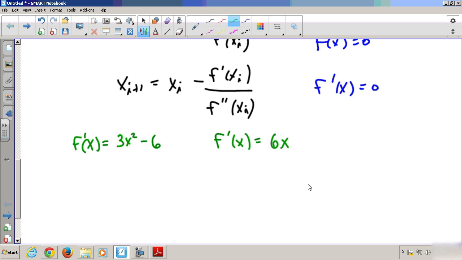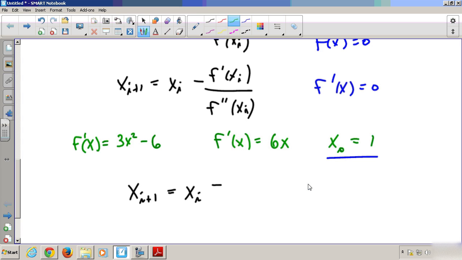Well, I have to have a guessing value. Let's start with x of 0 equal to 1. That's my first guess. So here's what it looks like. My x of i plus 1 is equal to my x of i minus my function's first derivative divided by the second derivative.